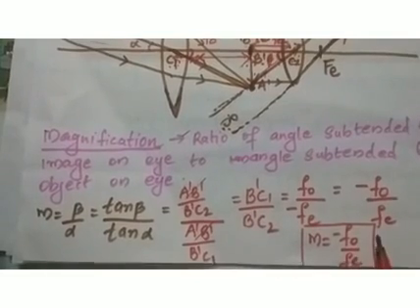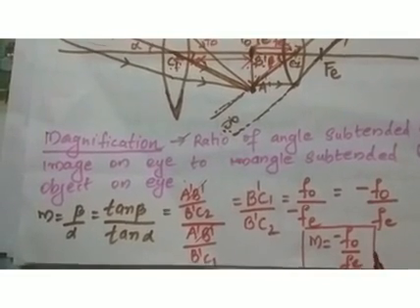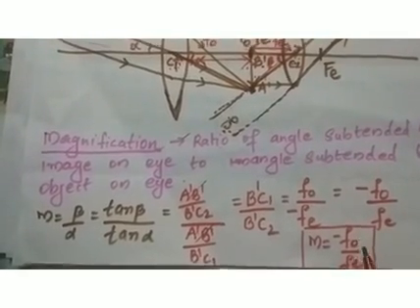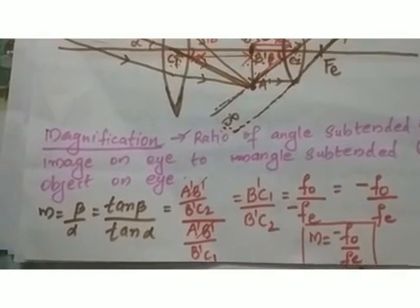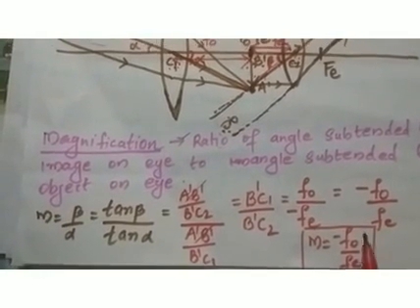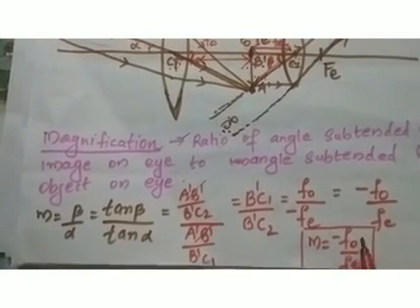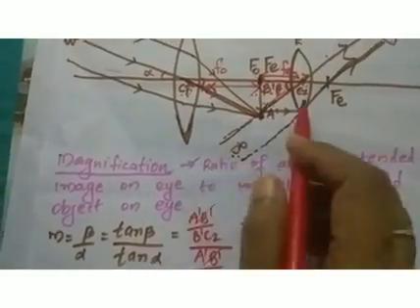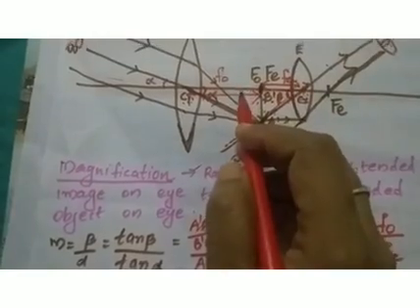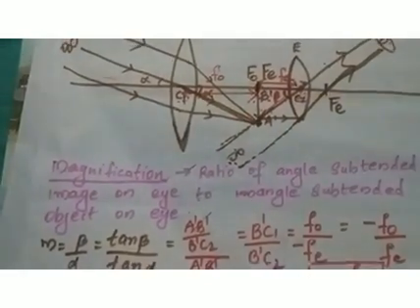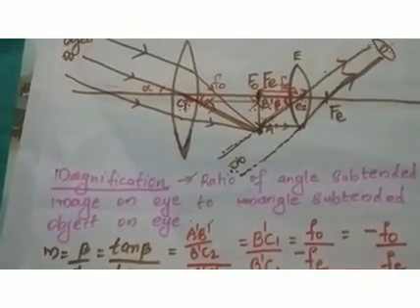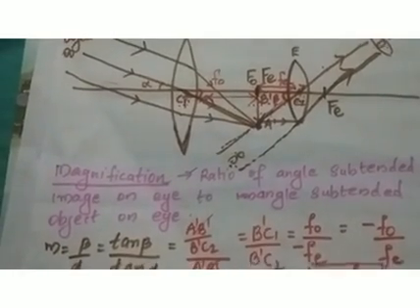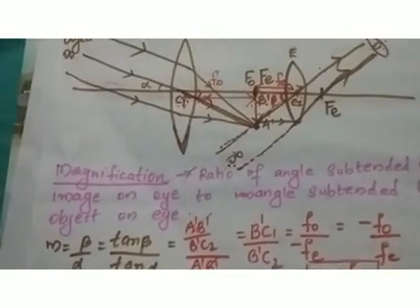If magnification is to be increased, then increase the focal length of the objective and decrease the focal length of the eyepiece. That's why the objective lens has a larger aperture than the eyepiece lens. The focal length of the objective is more than the focal length of the eyepiece in order to obtain the best magnification. Okay children.